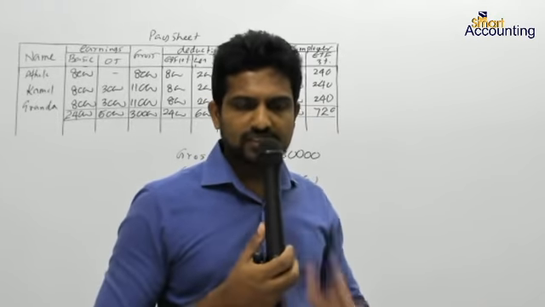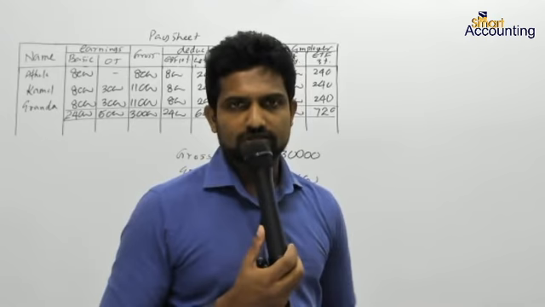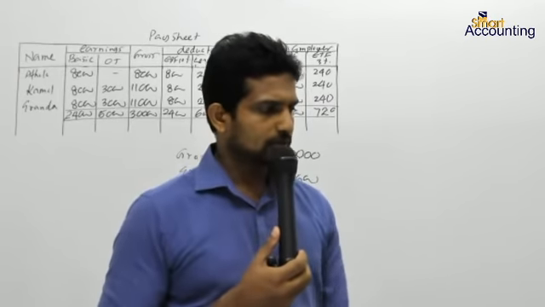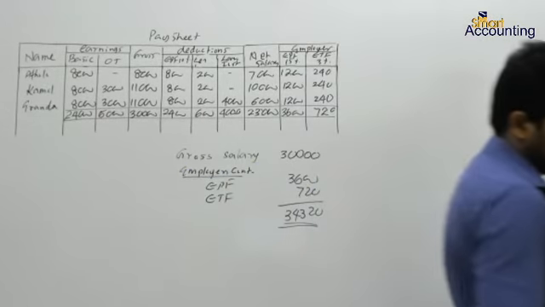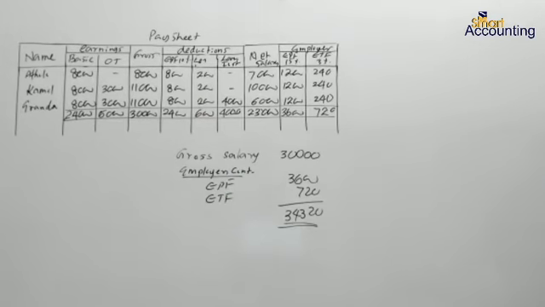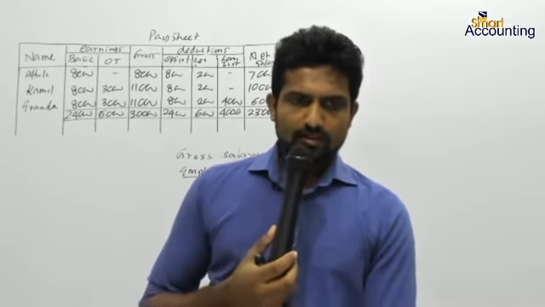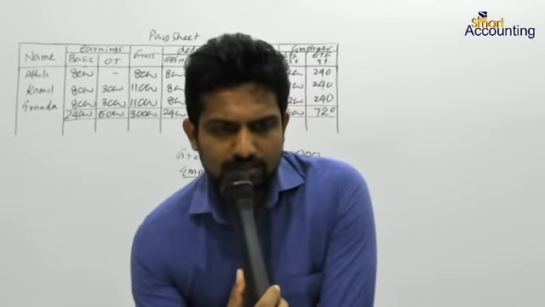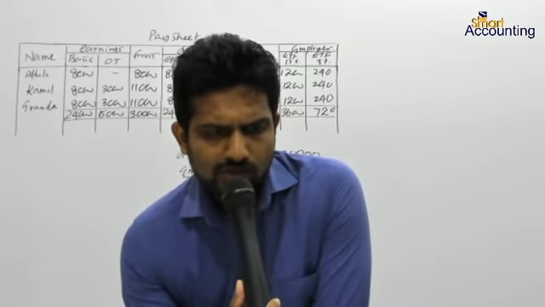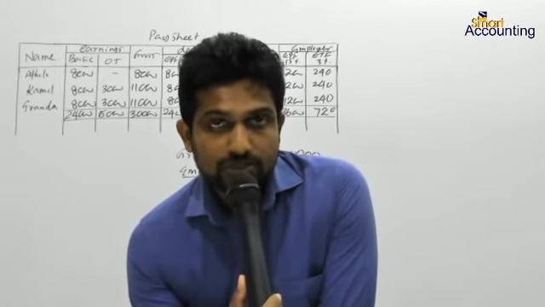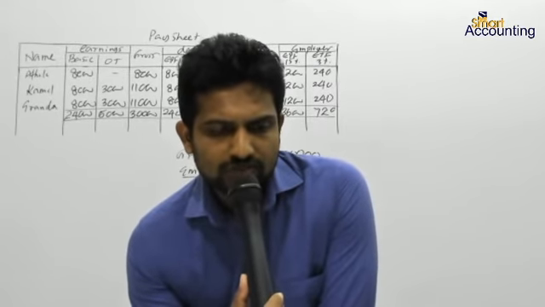Following details were extracted from Jailath manufacturers for the year ended 31st March 2021. You are given some details. Category, basic salary, additions. Production employees, production supervisors, administrative staff, sales employees.